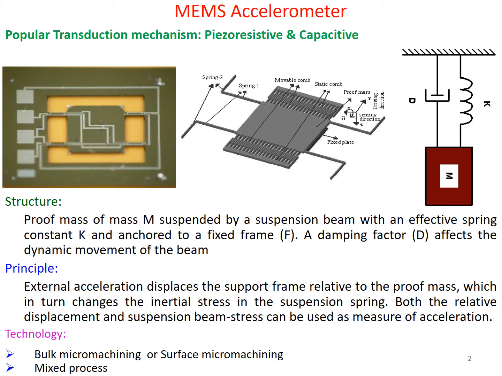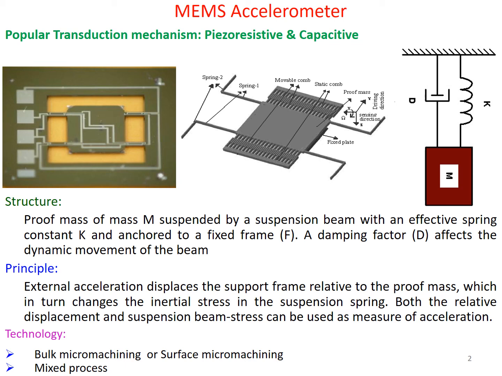Now in the case of the MEMS pressure sensor, among different types of mechanisms, we mainly discussed the piezoresistive type pressure sensor and the capacitive type pressure sensor. Similarly for the accelerometer also we will be focusing on these two types, that is the piezoresistive based accelerometer and the capacitive based accelerometer.